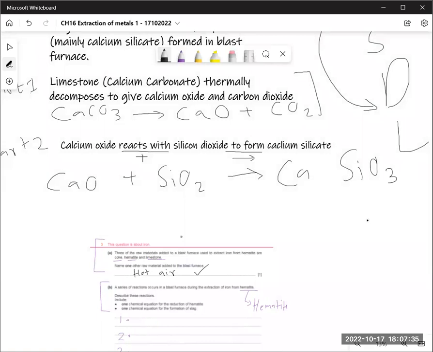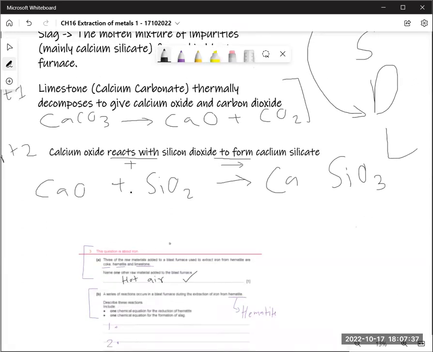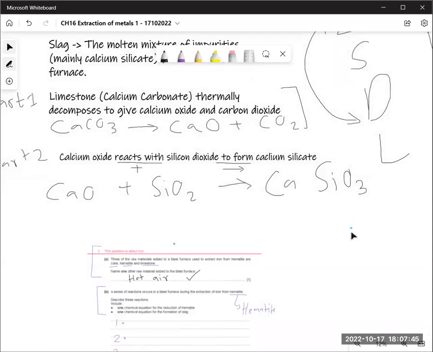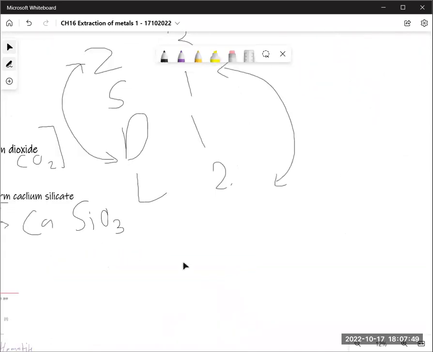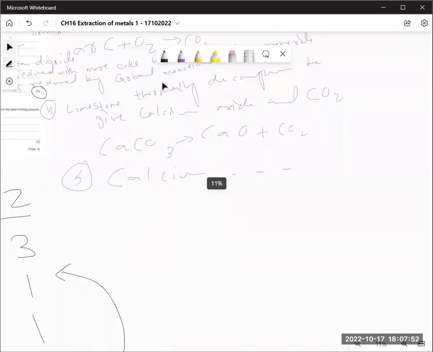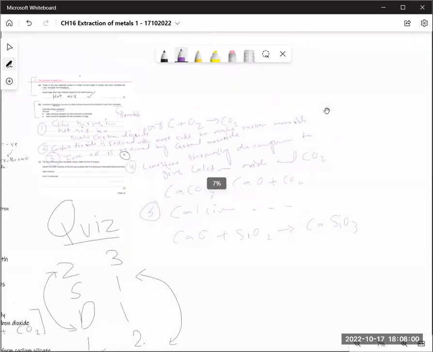I think this is easier for you. All you have to do is calcium oxide from here plus SiO2 gives us CaSiO3. Tell me when you're done. Done, sir. Okay, now that's the last step. We'll write the equation. CaO plus SiO2 gives us CaSiO3. And we get the 5 marks here.